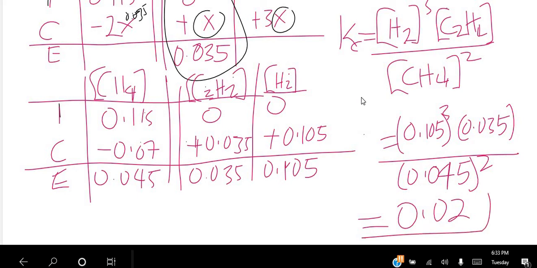So that gives us the value of our equilibrium constant expression for that.